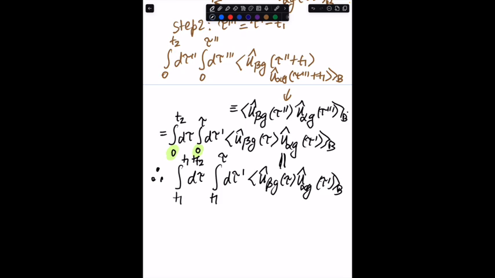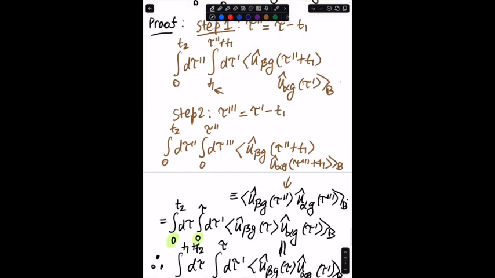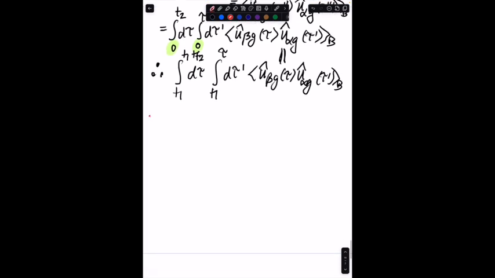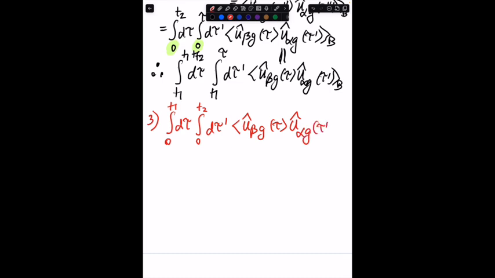And then lastly, you have the third property, and it's definitely not the simplest one. It's going to be the hardest one, so let's tread carefully. The third one is 0 to t1 d tau, 0 to t2 d tau prime of u hat beta g tau, u hat alpha g tau prime.